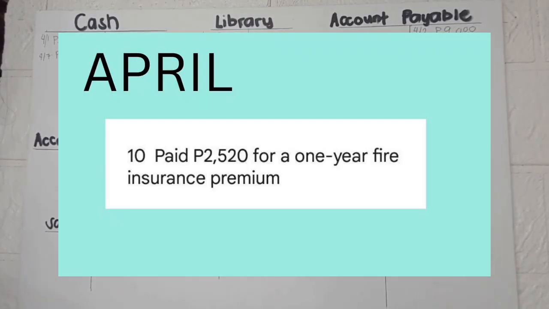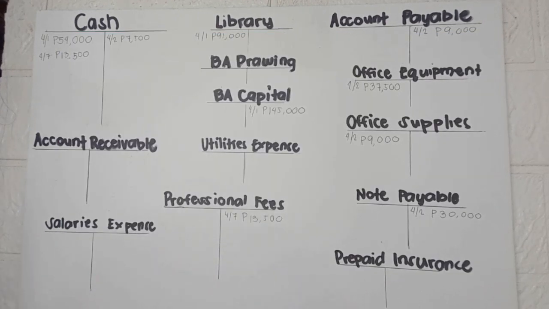On April 10, paid 2,520 for a 1-year fire insurance premium. So, the account titles will be cash and prepaid insurance. So, the cash will be on the credit side and the prepaid insurance will be on the debit side.